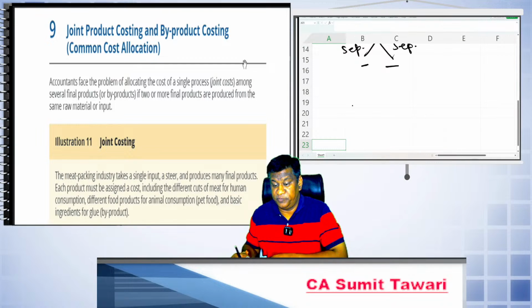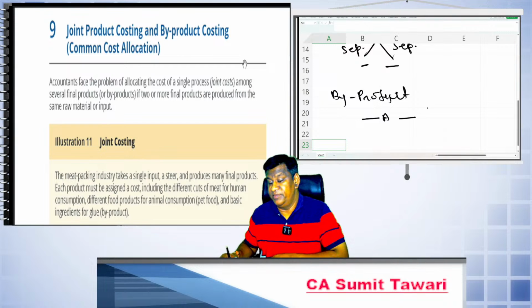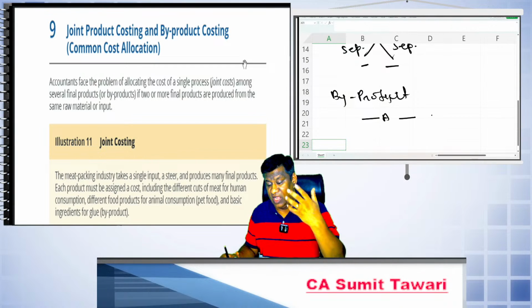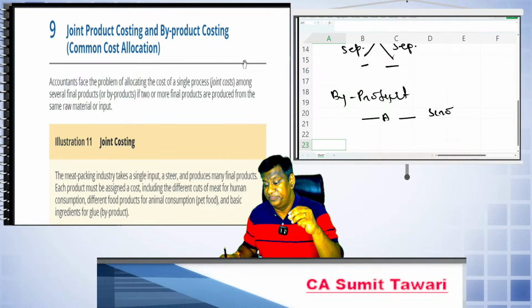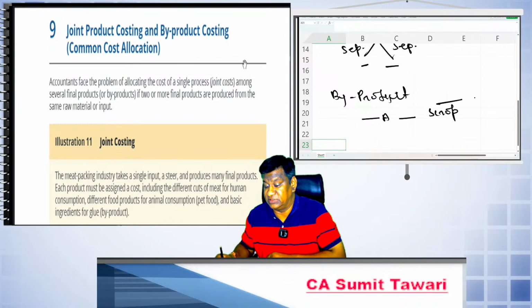Byproduct is basically, my intention is not to produce the byproduct. I want to produce product A. But after completion of the product, there is a certain scrap. And if I sell it, then I'm able to get some revenue. So that is basically the byproduct.